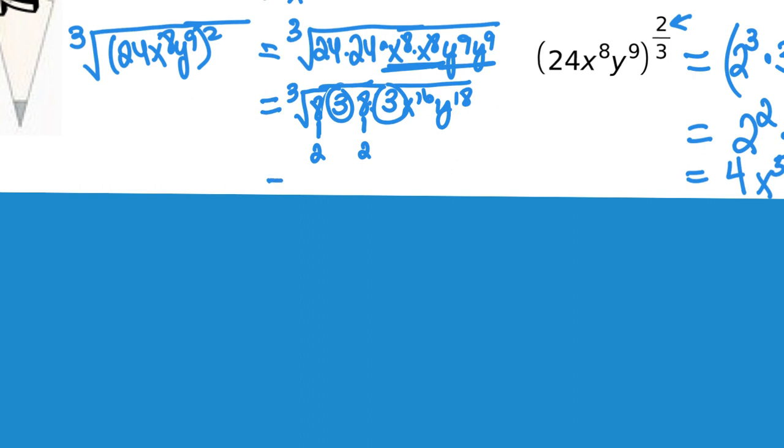We have 4. We have the cube root of 9. And then our x to the 16th. 16 divided by 3, remainder. And then 18 divided by 3.